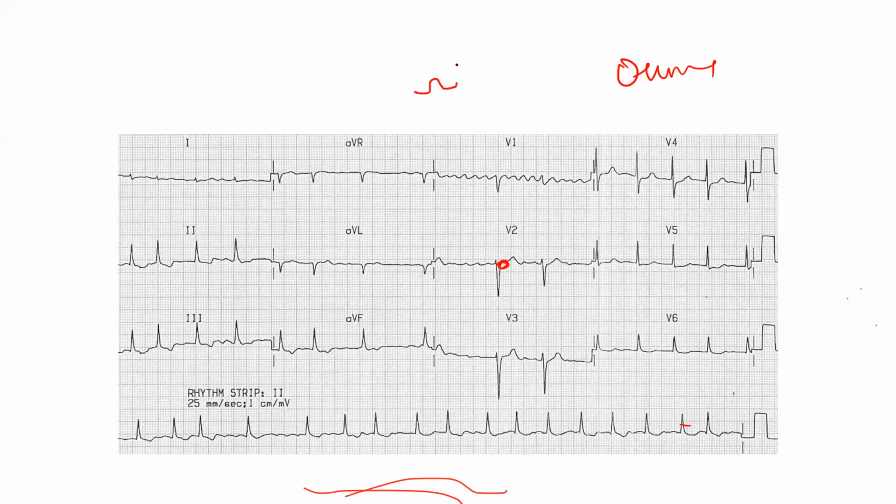For example, in hypothermia you typically get a wave like this. These typical Osborne waves are seen in hypothermia. Apart from hypothermia, they are also seen in some electrolyte abnormalities and early repolarization syndrome. A lot of causes, but don't worry about all those things. This isoelectric ST segment point is called the J point.